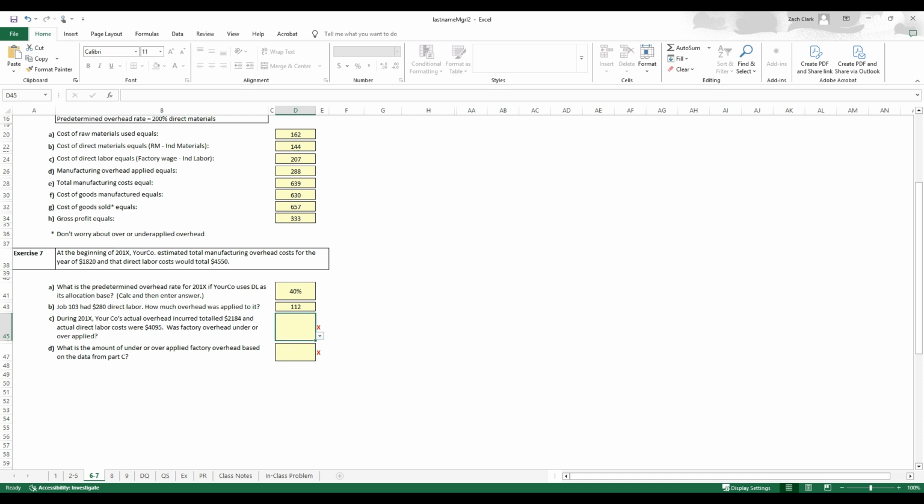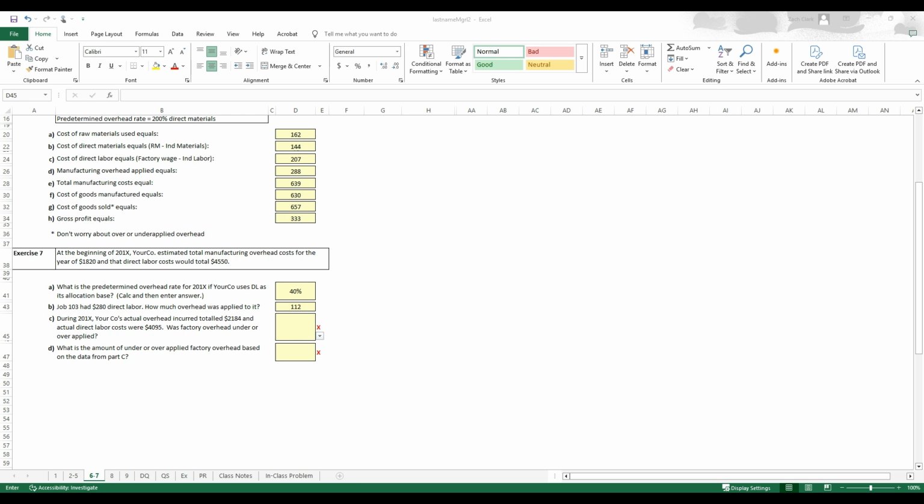In this one, let me open an Excel to do a little math off to the side. For this one, you might need scratch paper sometimes when you're doing these problems too. So our actual overhead was 2,184, so that's our real costs, right, that we actually did incur through paying invoices for factory rent, supervisor labor, et cetera.